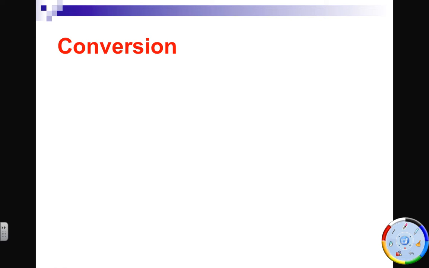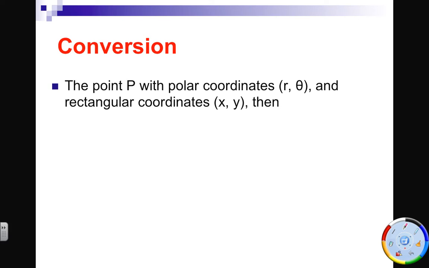All right, let's look at conversion, because this is kind of the bigger thing for polar equations. We can convert some, not every single one, but most of our polar equations into rectangular, and some of our rectangular into polar. We can do it pretty simply with some very basic conversion factors.